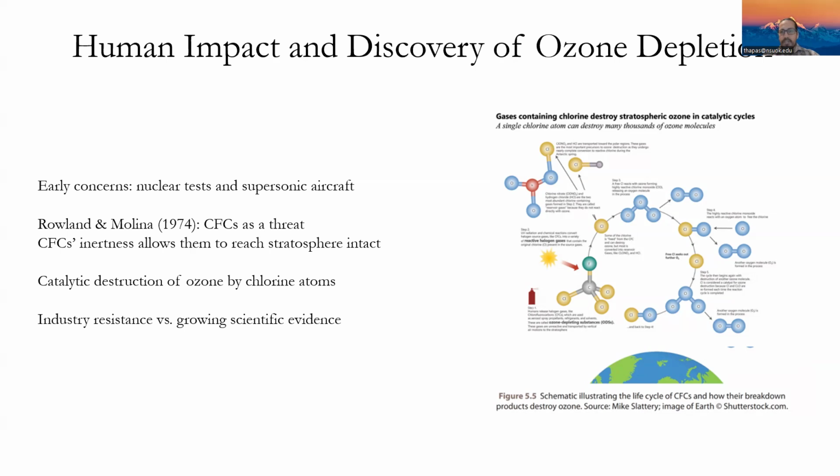As the figure shows, a single chlorine atom can destroy thousands of ozone molecules in a catalytic cycle, though its ban was initially resisted by the industry.